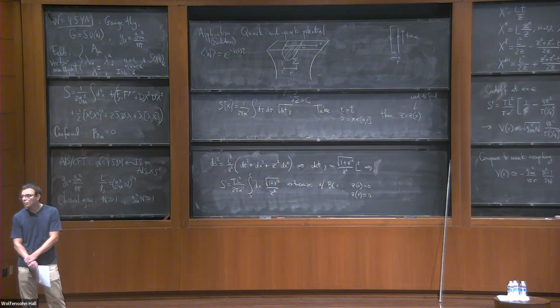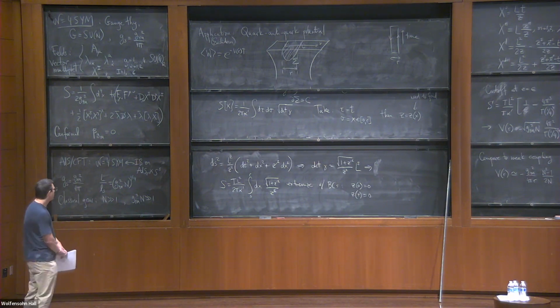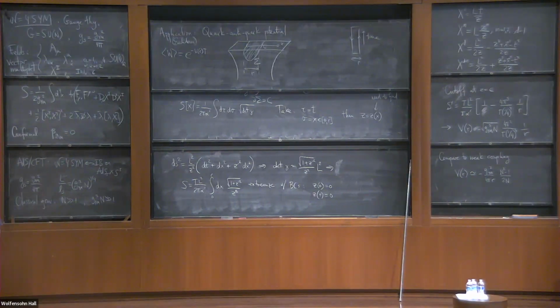Don't we have a term in the metric corresponding to the S5 part of the metric? Why are we doing this Wilson loop computation? Well, to be precise, I have to say what happens with the Wilson loop with a string in 10 dimensions, not in 5 dimensions, and I was not precise about that.